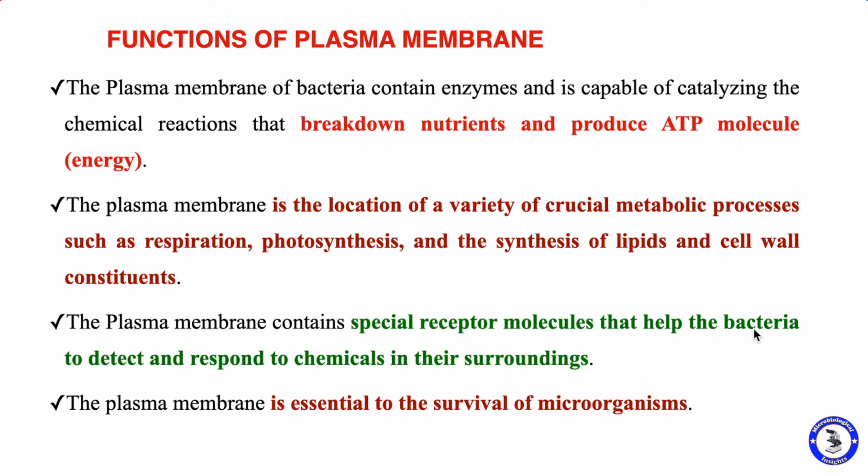They help the bacteria to detect and respond to particular chemicals present in their surroundings. This is the important function of the receptor molecules. The plasma membrane is also very essential for the survival of microorganisms. So these are the important functions of the plasma membrane.